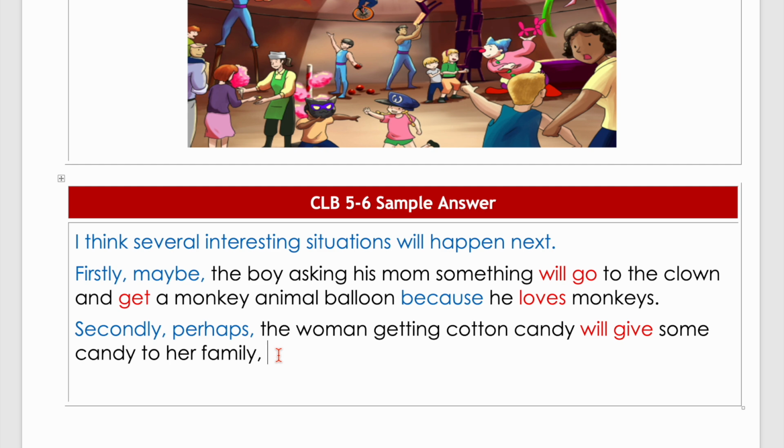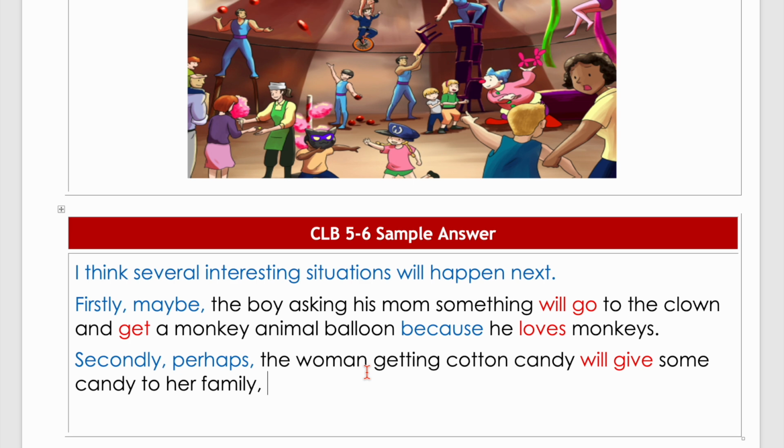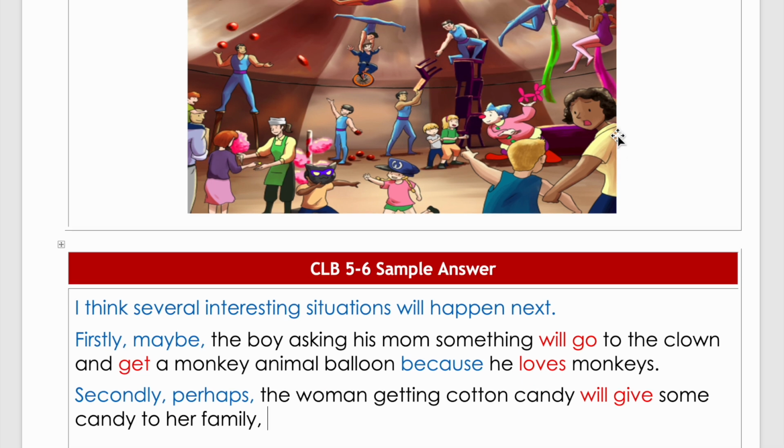Secondly, perhaps. Perhaps means maybe, okay? So here we used maybe, here we used perhaps. We can use either one, okay? So next, the woman getting cotton candy. So you see, if we just say the woman, here's a woman, here's a woman, here's a woman. Okay, so which woman are we talking about?